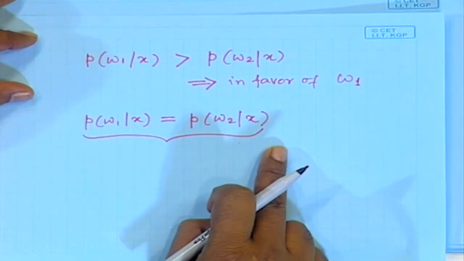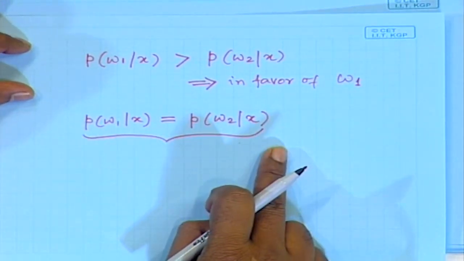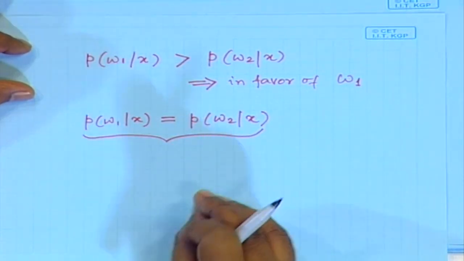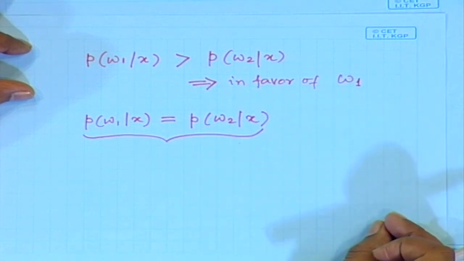I have shown that if p omega 1 given x equals p omega 2 given x, I cannot take any decision. This no decision is also an action.